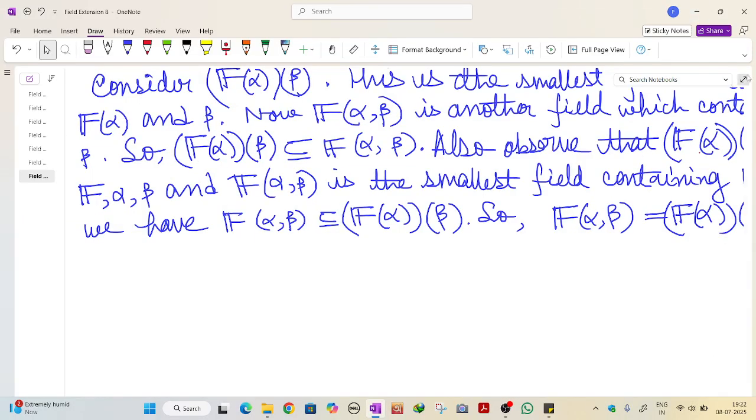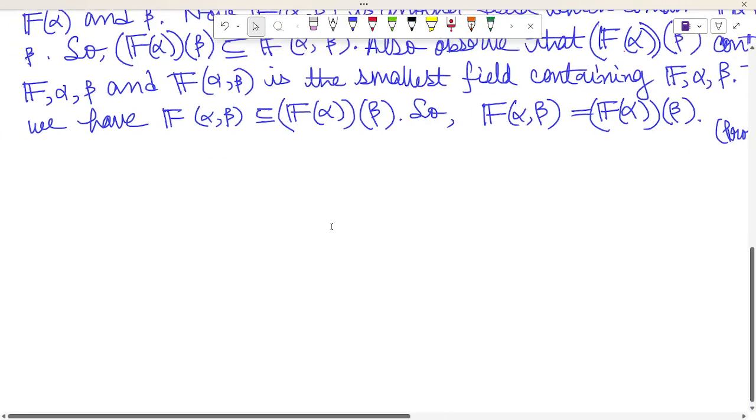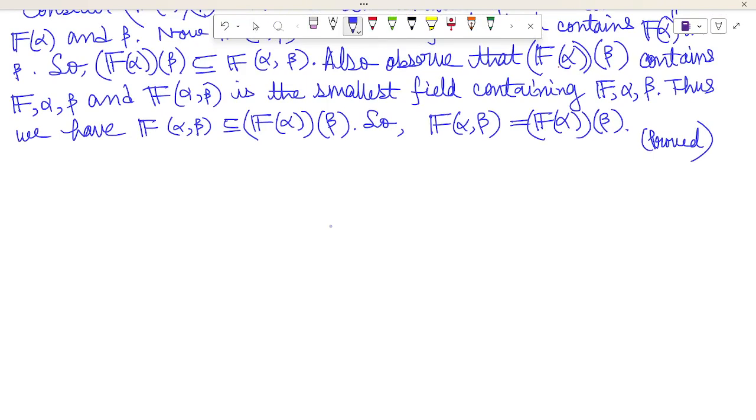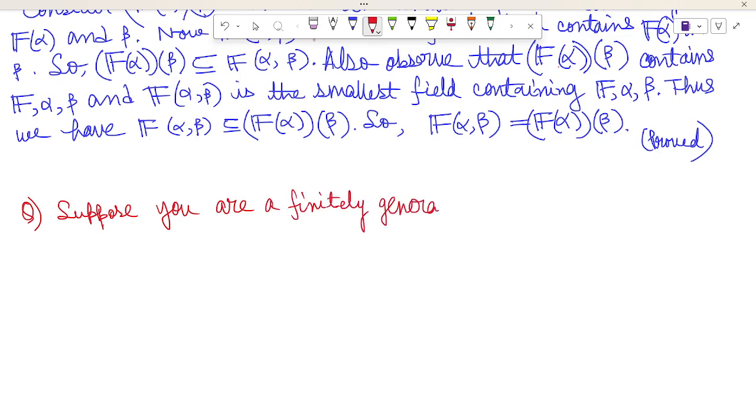Okay. So the next thing is also important. It is interesting. For example, question. Suppose you are given a finitely generated extension.